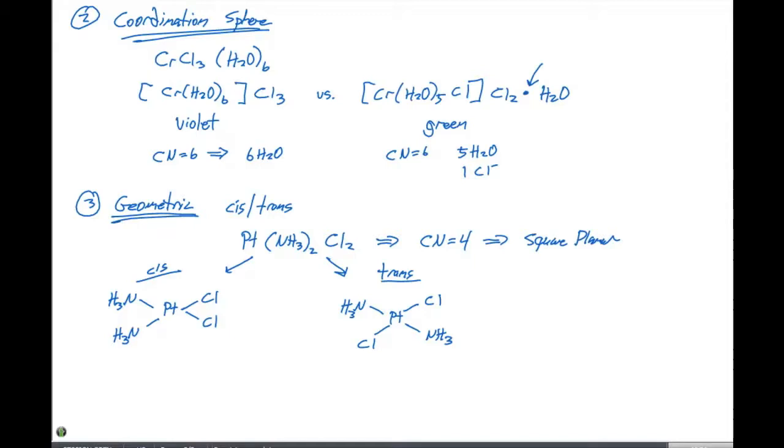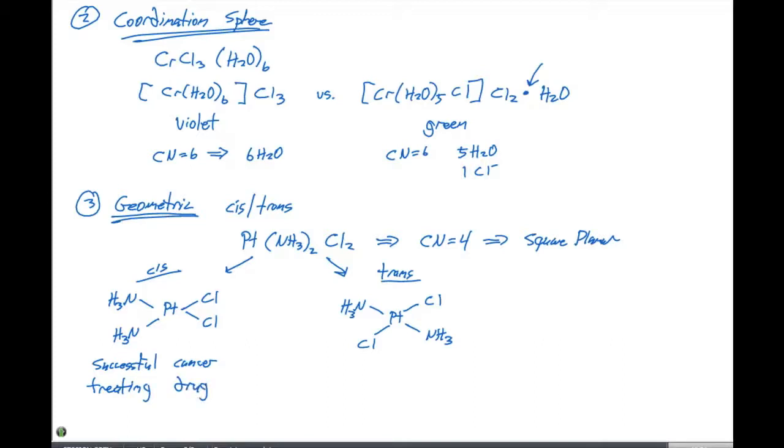If we look at the properties of this particular molecule, we're not going to see any differences in color. But the cis isomer of this compound has been a successful cancer-treating drug.